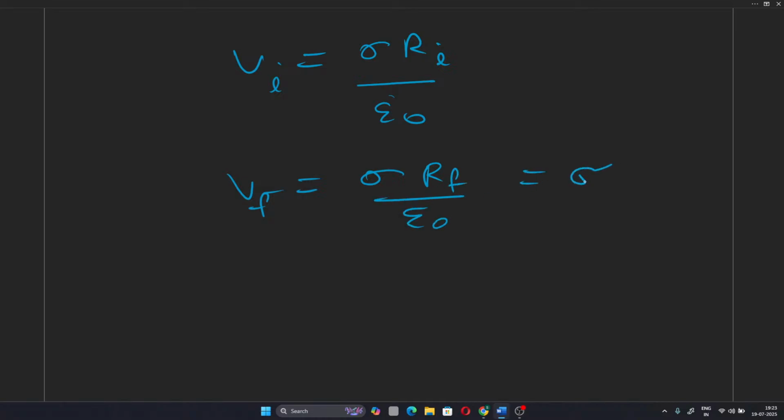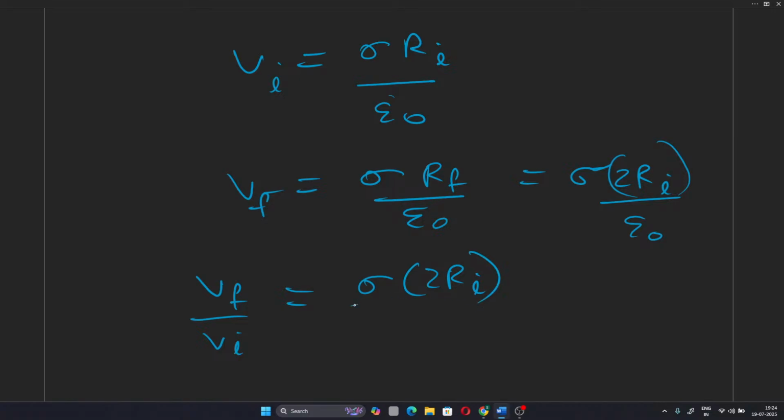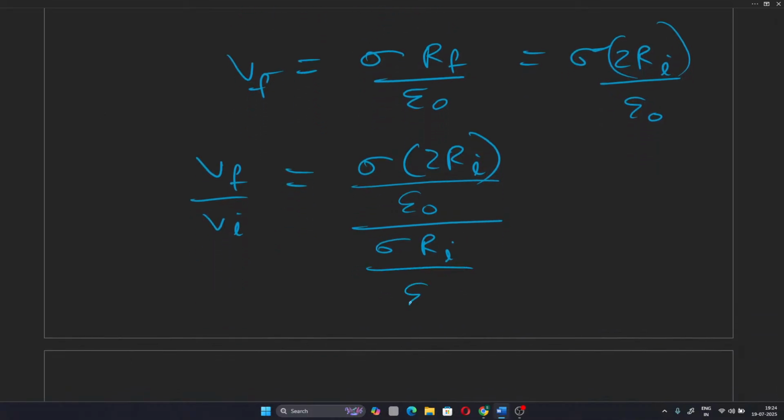R final is 2 r initial. Now we want V final by V initial, which equals sigma 2 r initial by epsilon naught over sigma r initial by epsilon naught.